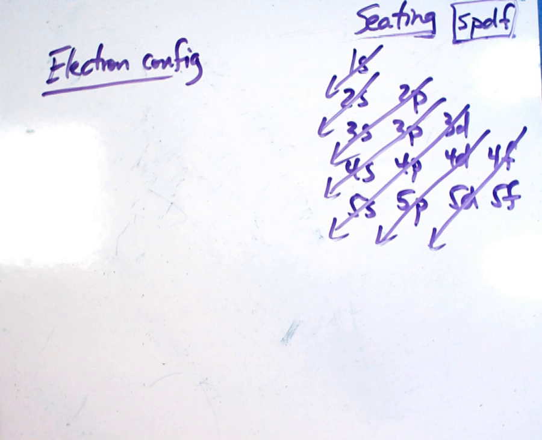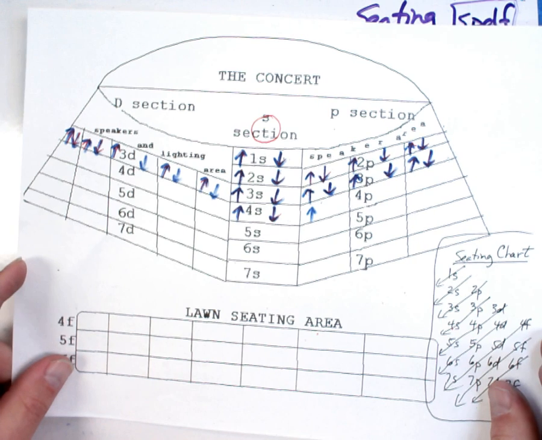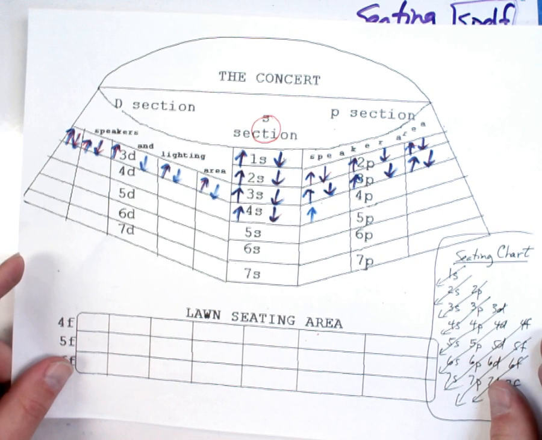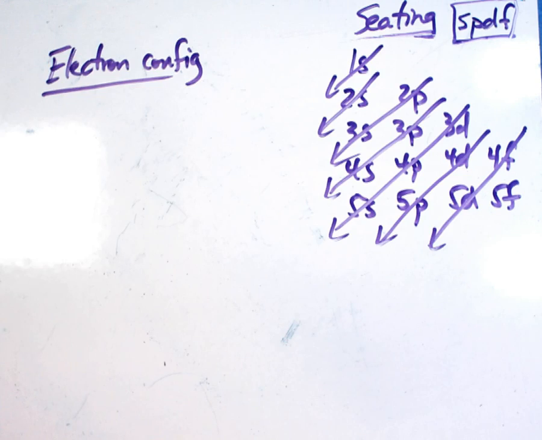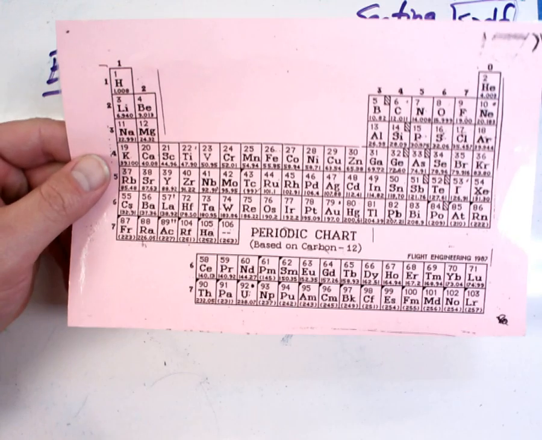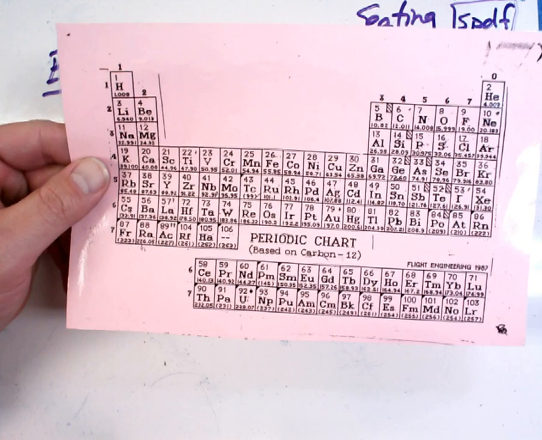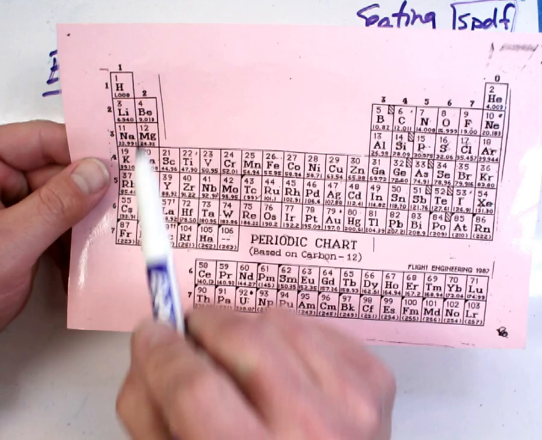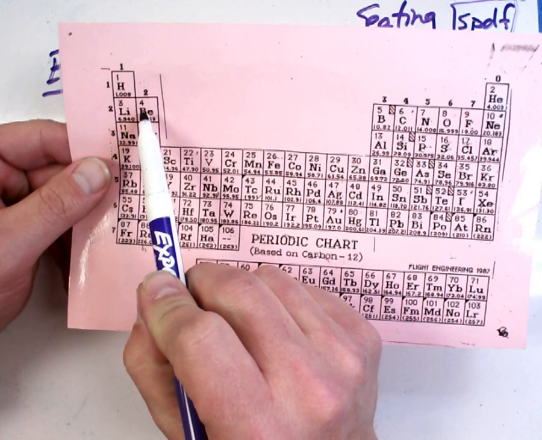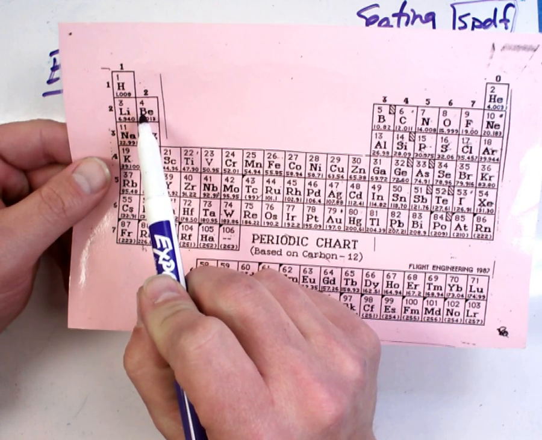The electron configuration is not going to be showing where people sit at a concert. We're going to show where the electrons are located around the atom. And here's how we're going to do that. Using the periodic table, let's pick an element like element number 4, beryllium. Well, we learned in one of the other videos that beryllium is number 4.